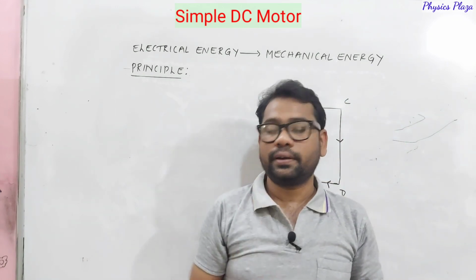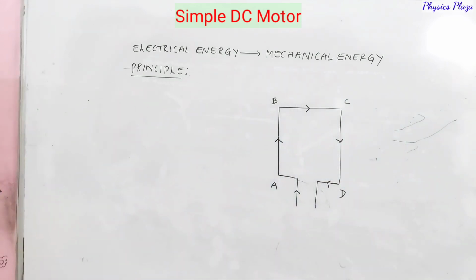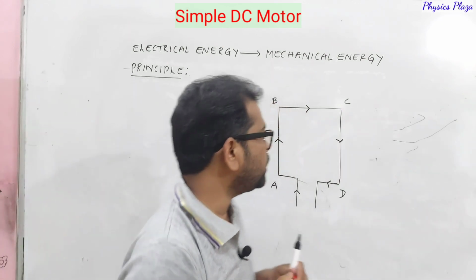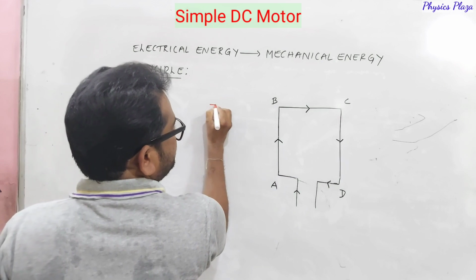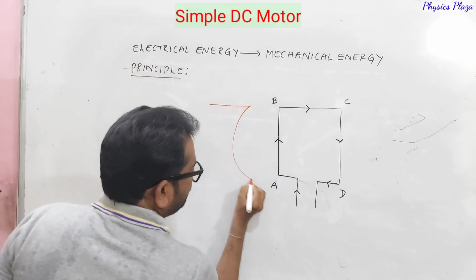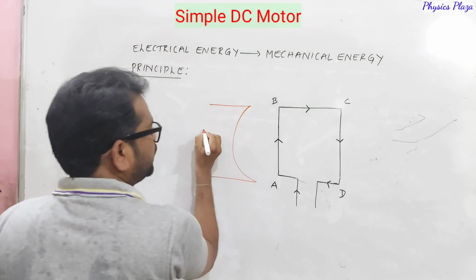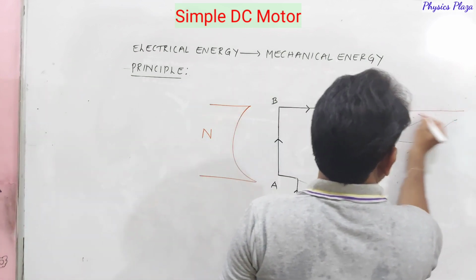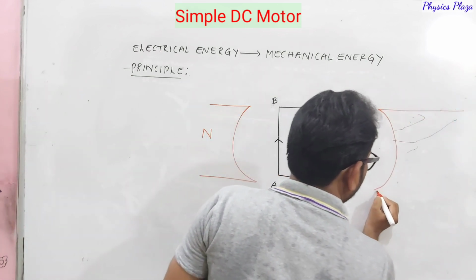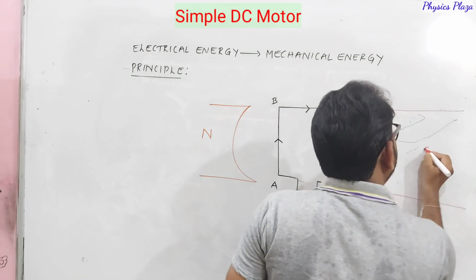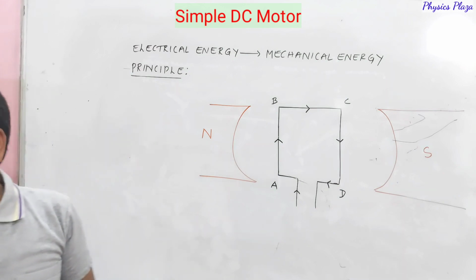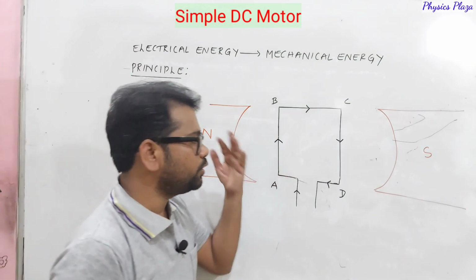What will happen? Let us think about the direction of the magnetic field. For example, on this side one magnet is placed with the north pole, and here another pole, concave shaped, so as to have a radial and uniform magnetic field.